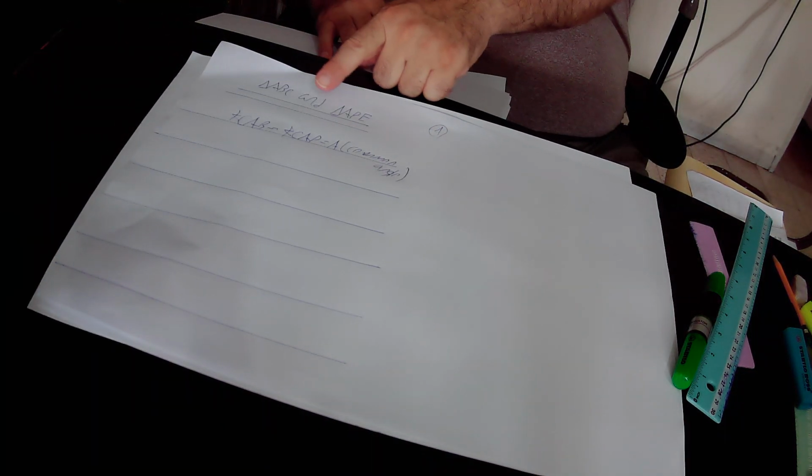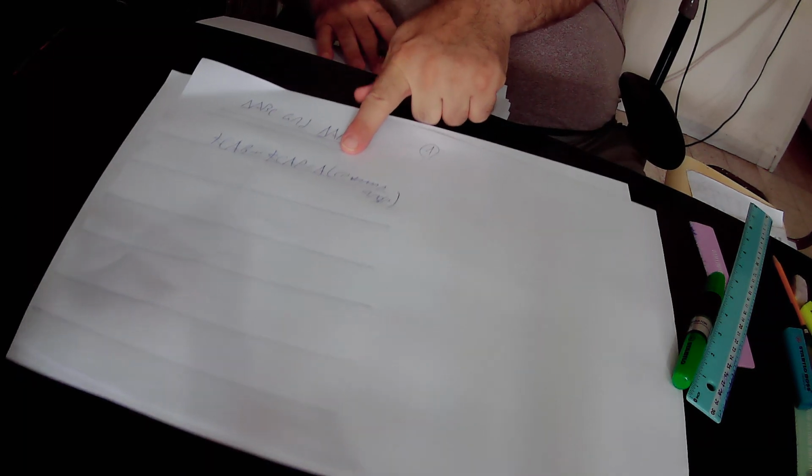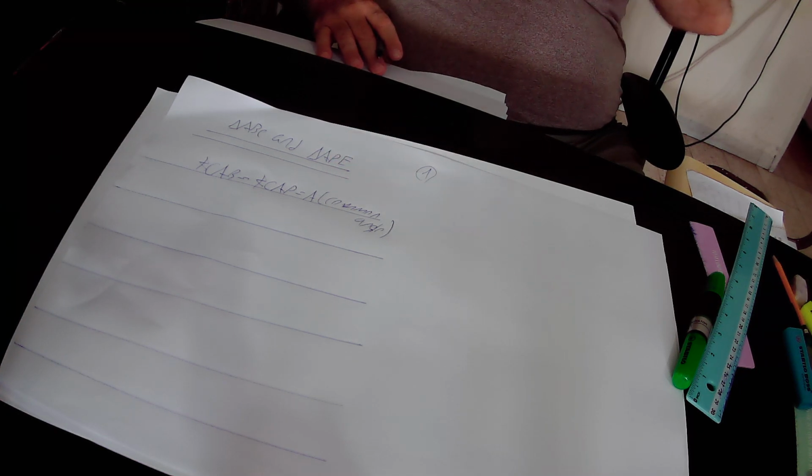So actually, this equation means that angle A equals itself, we just call angle A by two different names. Angle A equals itself, a common angle that belongs to both triangles.